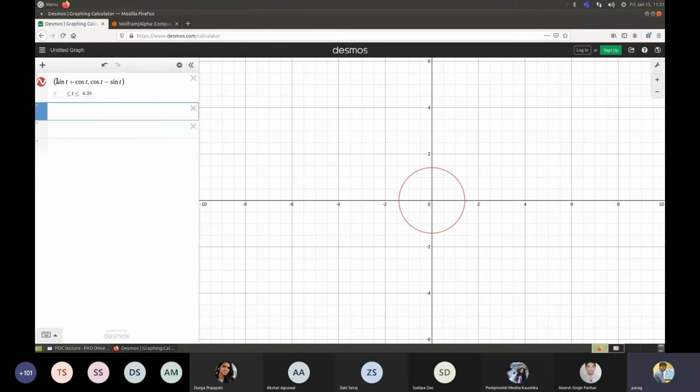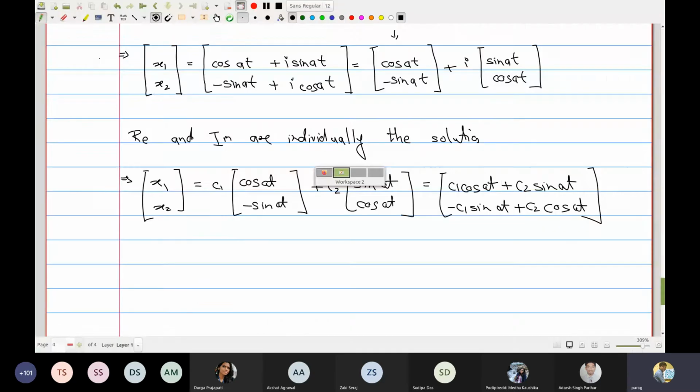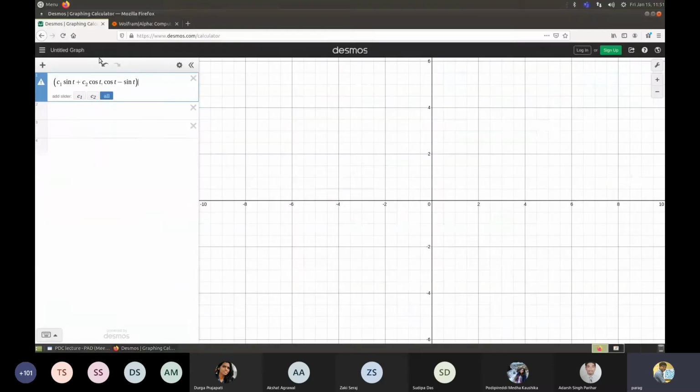So let me make it a little more complex. Here it will be c1 sine t, c2 cos t. If I write it as a cos, it would be interchanged, so this will be c1 cos t and c2 sin t.